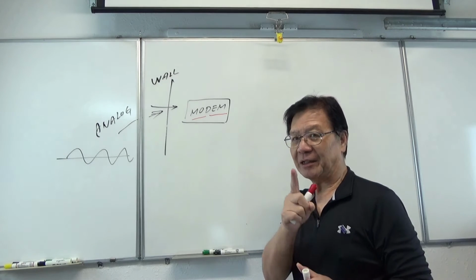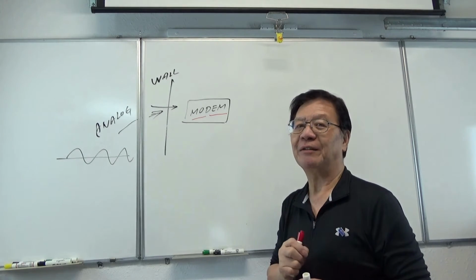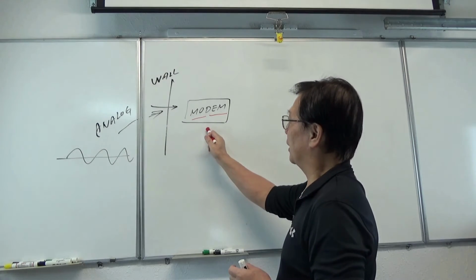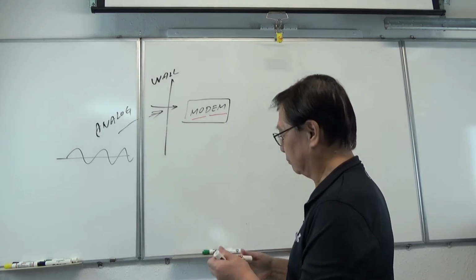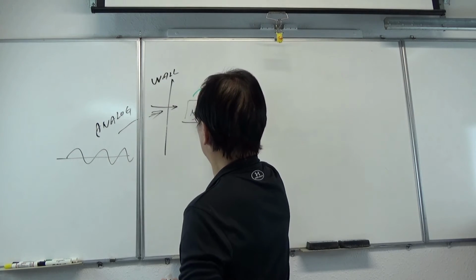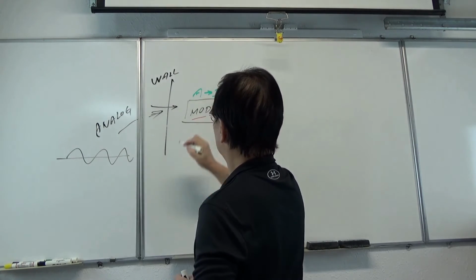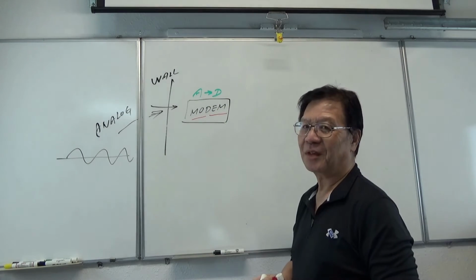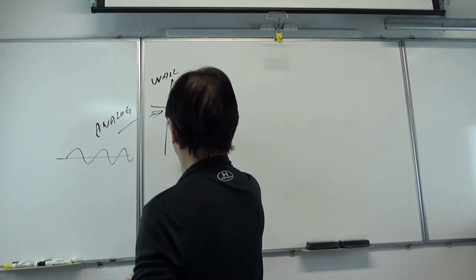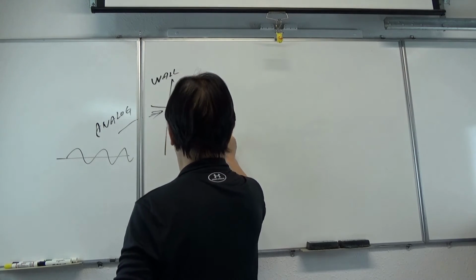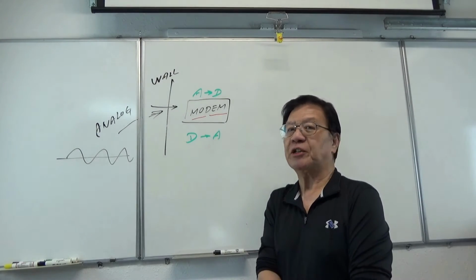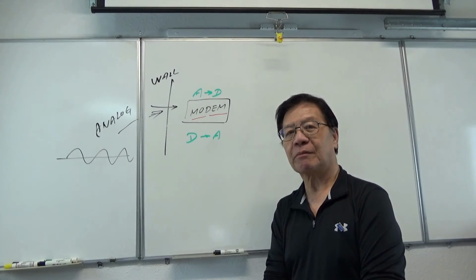That's a knowledge base, and we need that knowledge to explain something here. So here is the so-called AD, analog to digital conversion. When your data is going out, we need to convert digital back to an analog signal. That's what a modem does. That's it, nothing else.